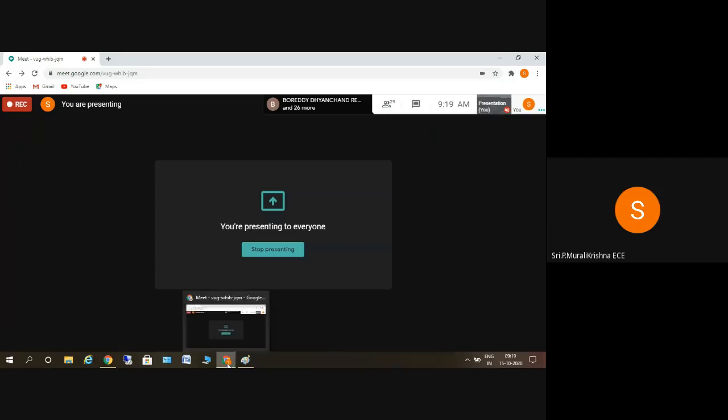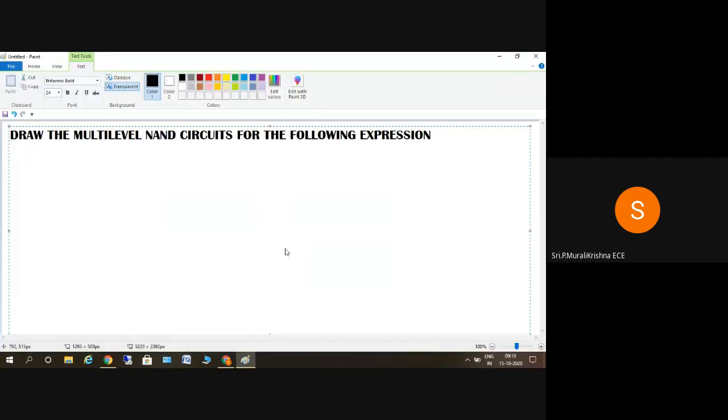F is equal to AB bar plus CD bar, into E, plus BC bar into A plus B. Okay. First, draw the circuit using AND OR gates.